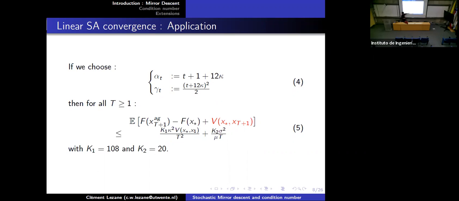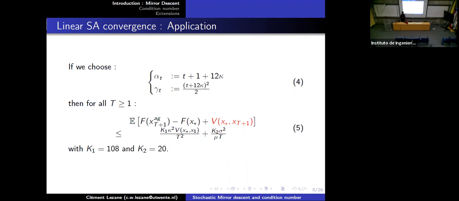So the idea is that if you find, for t for example equal to kappa times k1, this term is going to be smaller than 1/2. So what I'm saying is that using a constant number of iterations will allow you to decrease the initialization error by 2.